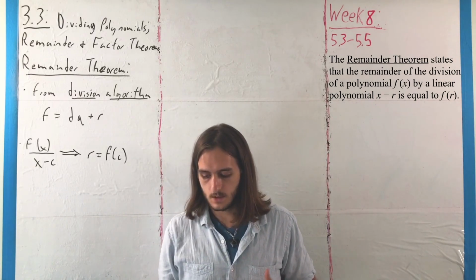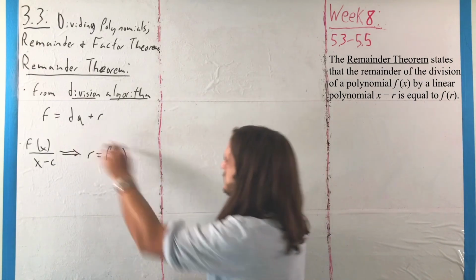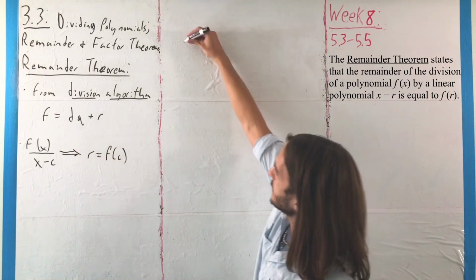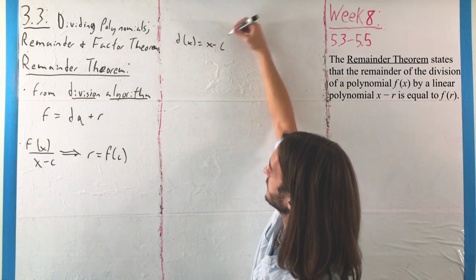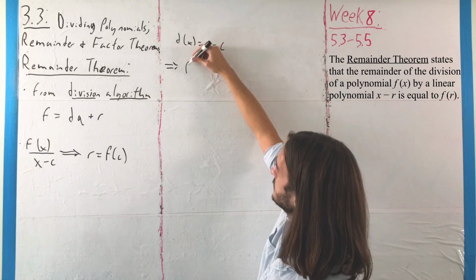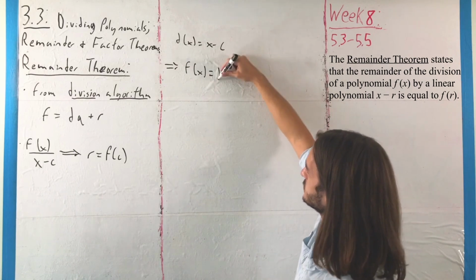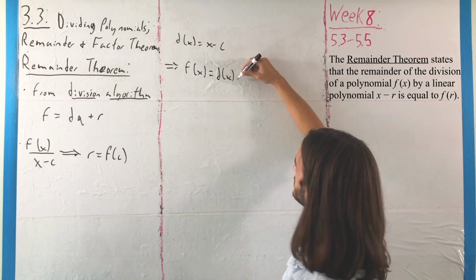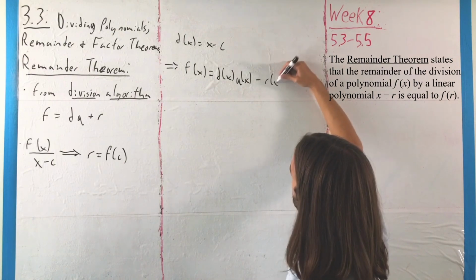And the reason why this happens is that if we have d of x equal to x minus c, then by the division algorithm, we will have that f of x is equal to d of x times q of x plus r of x.